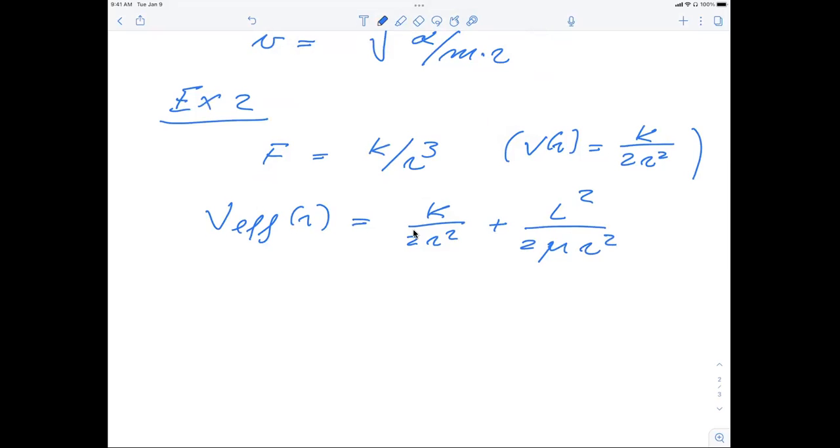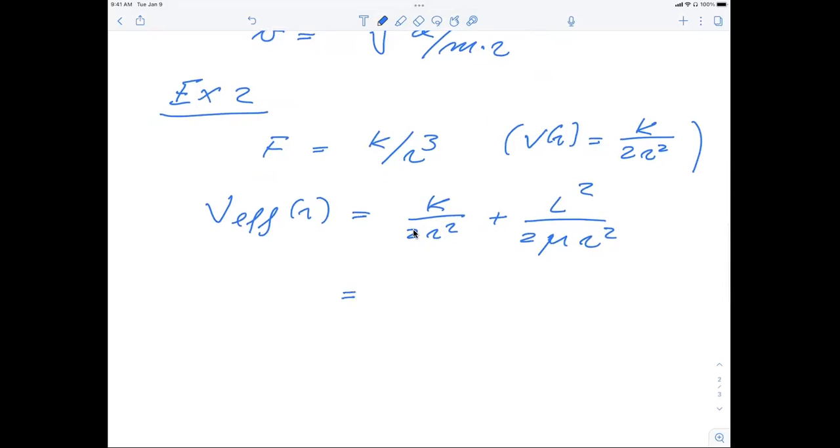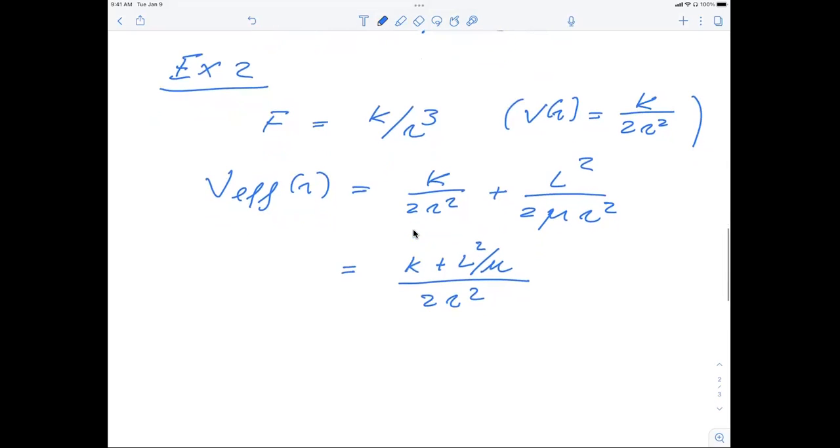Now it depends really on the value of this K. So this would be the same as K plus L squared divided by mu, and then I would have a 2 r squared in the denominator. So you can look at different cases now. You could assume that K is less than 0 or larger than 0.